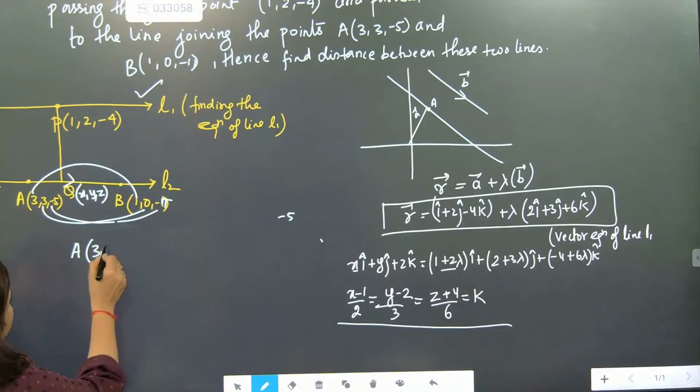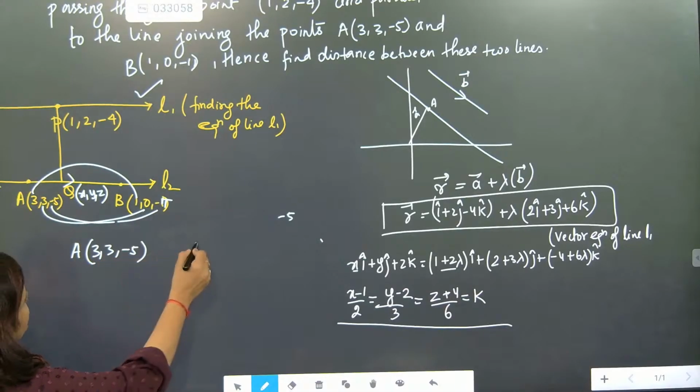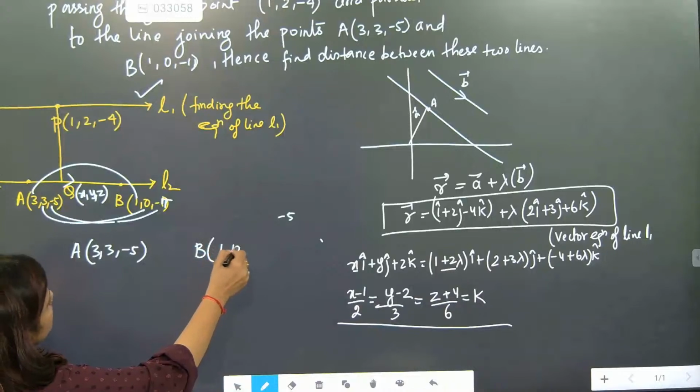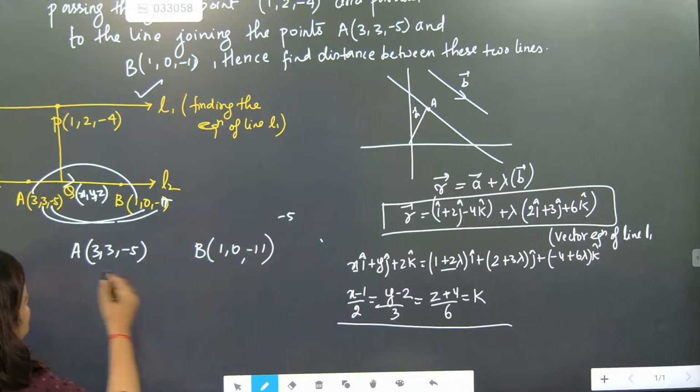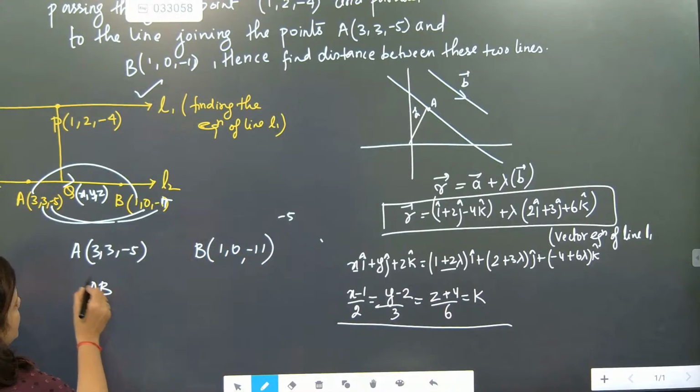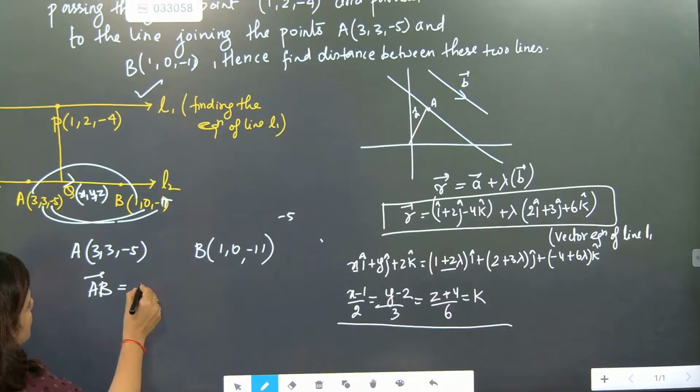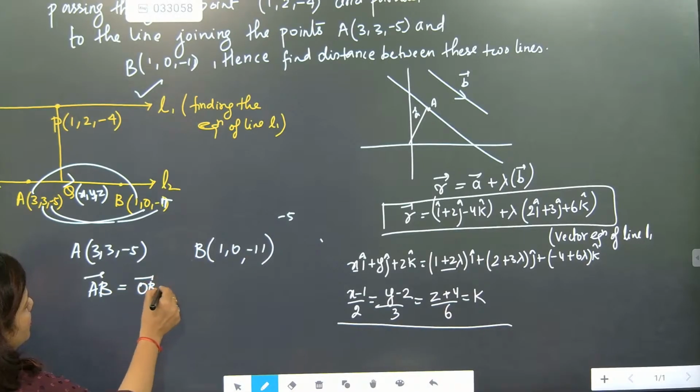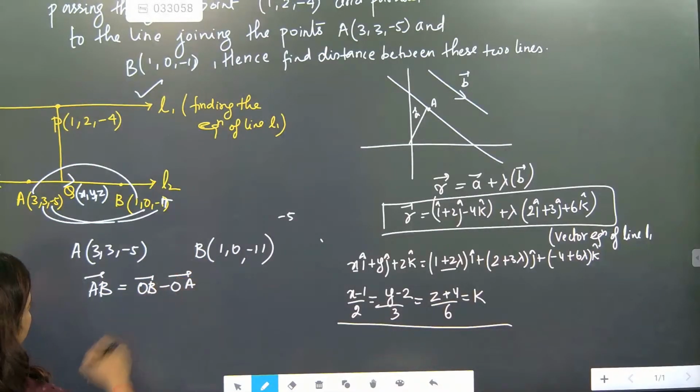The A part is 3 comma 3 comma minus 5. The B part is coming as 1 comma 0 comma minus 11. So you want me to find the AB vector. It will become OB vector minus OA vector. We can write like this to get this vector equation.